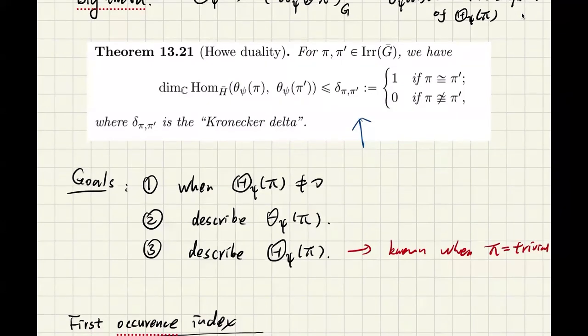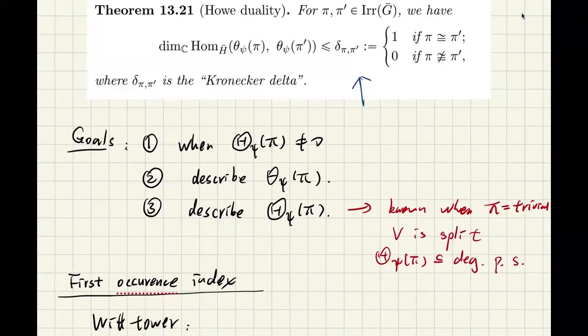When pi is unipotent, it's known in some cases, not the general cases. But when pi is trivial and V is split, the theta pi is a sub of a degenerate principal series.